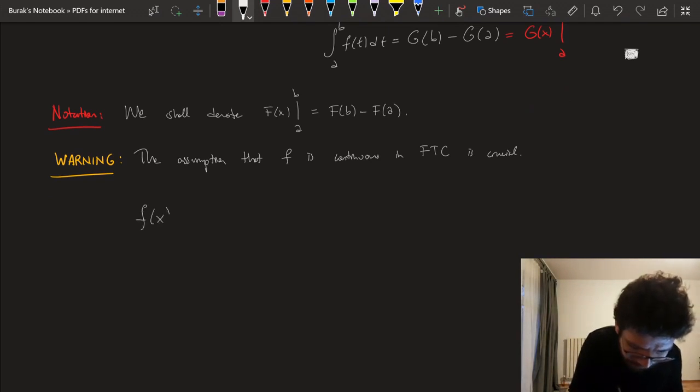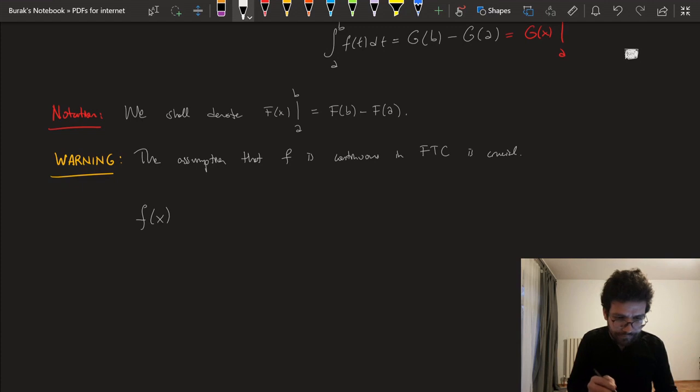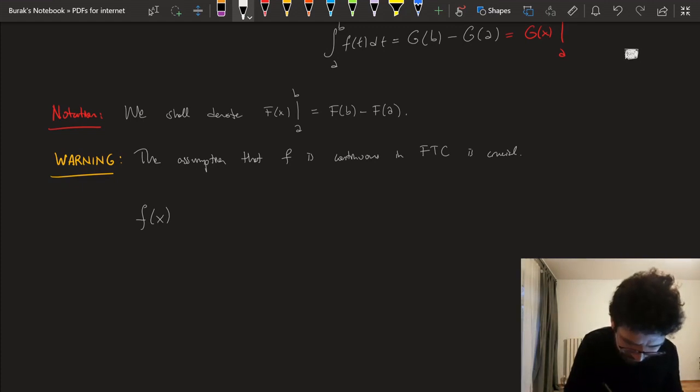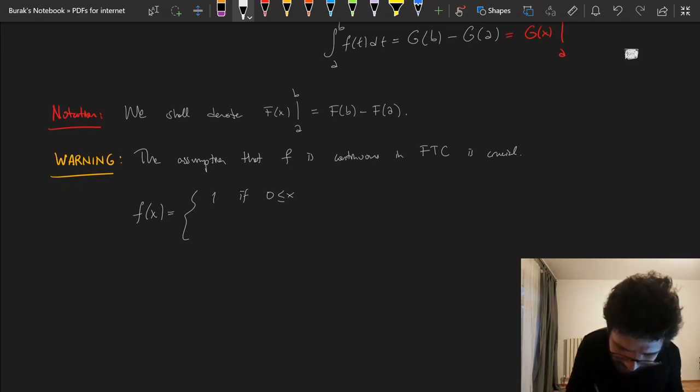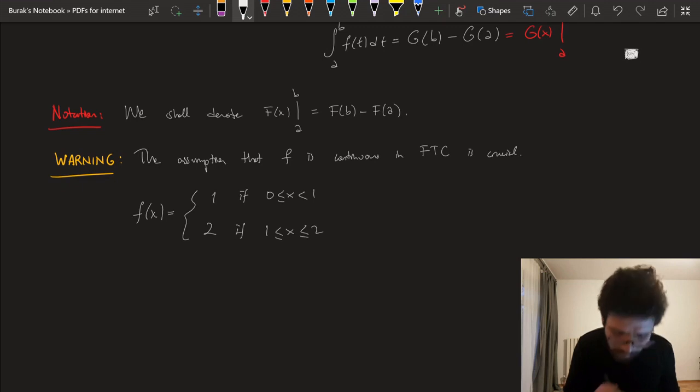Take this function. f of x is equal to 1 if x is between 0 and 1, and it's equal to 2 if x is between 1 and 2.